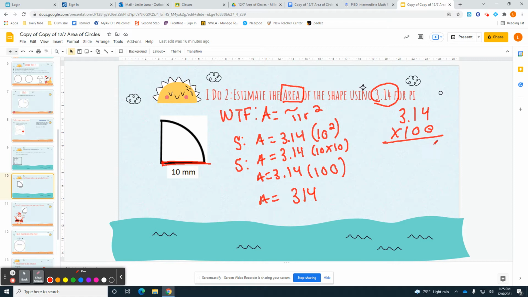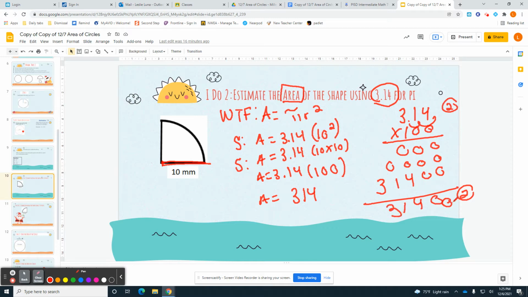Or you could multiply these. You have 2 decimal spaces, so that means I'm going to have 2 down here. So 0, 0, 4, 1, 3. See, 314. But is that the area for this?